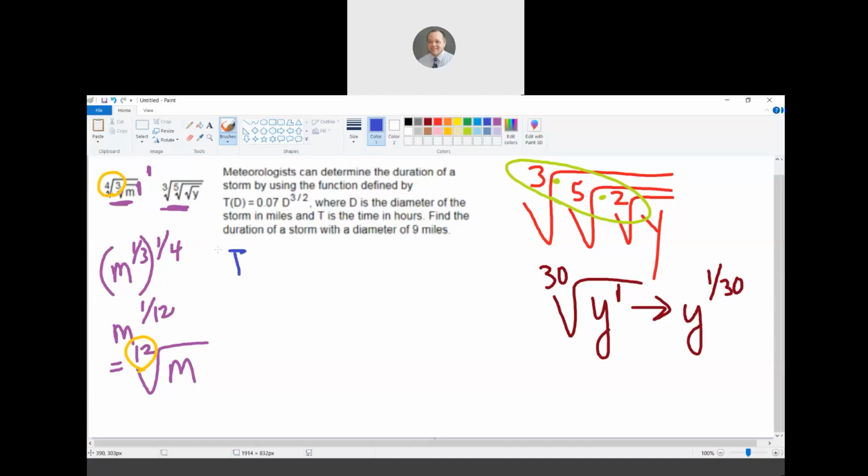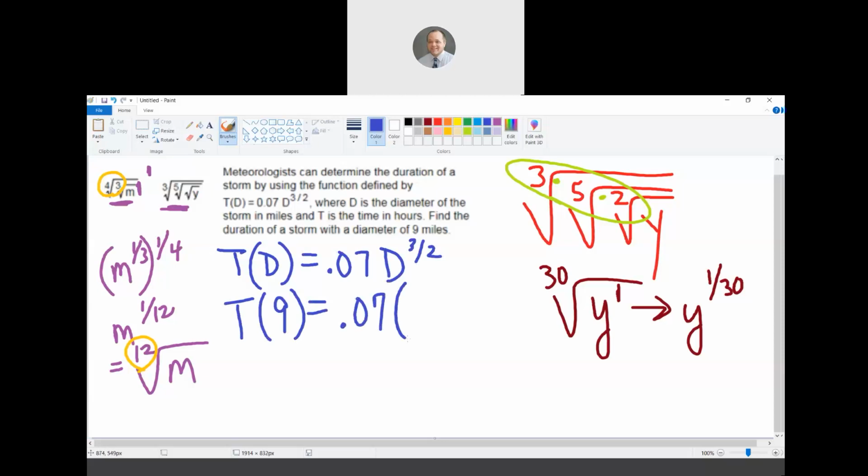All you do here is take your given function and replace each d with 9. Now the 9 to the 3 halves part, we can do that by hand.